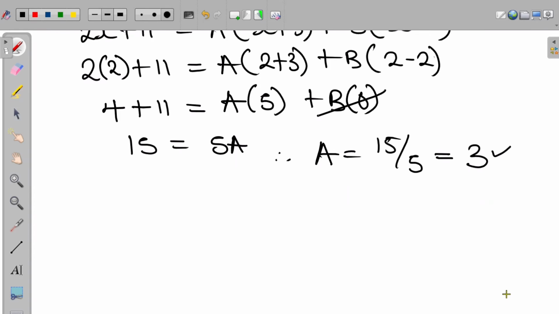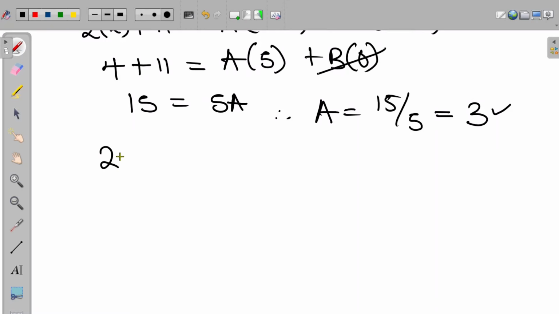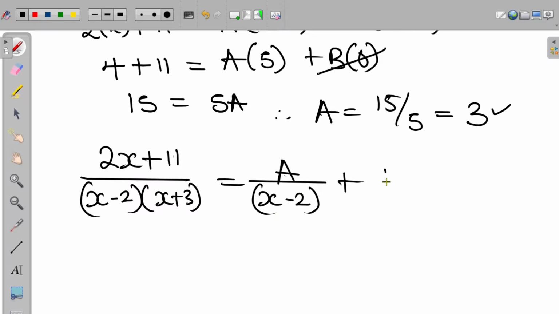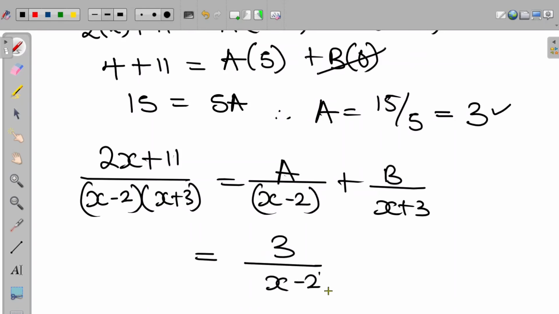Recall that equation 1 is giving us (2x + 11) divided by (x - 2) multiplied by (x + 3) equal to A divided by (x - 2) plus B divided by (x + 3). A is 3, so this is 3 divided by (x - 2), and B is -1, so we have -1 divided by (x + 3).